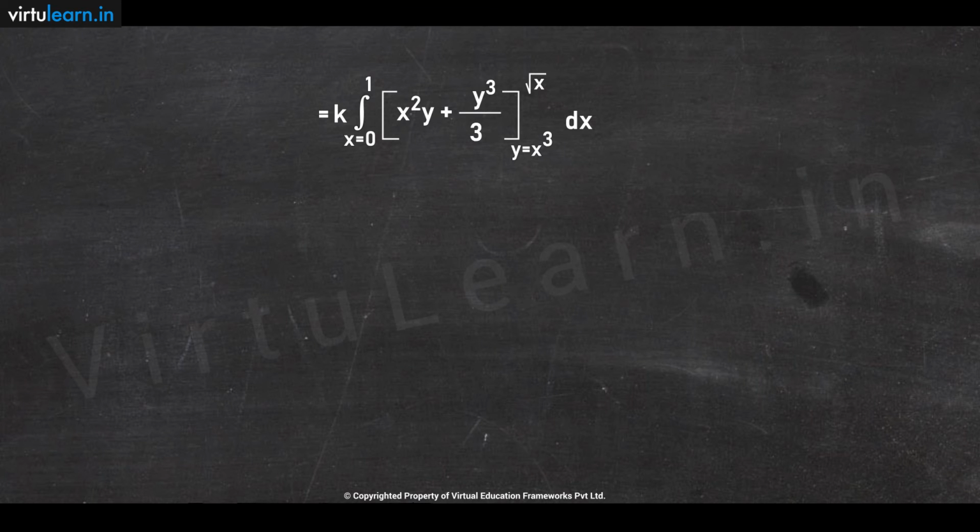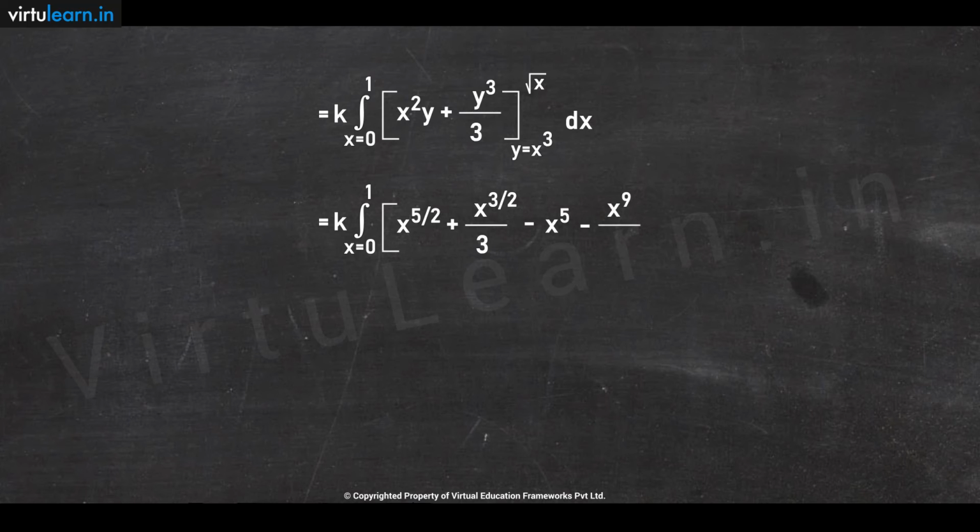Or it becomes k into integral x is equal to 0 to 1. When we substitute the limits, we get x to the power 5 by 2 plus x to the power 3 by 2 divided by 3 minus x to the power 5 minus x to the power 9 divided by 3 dx.